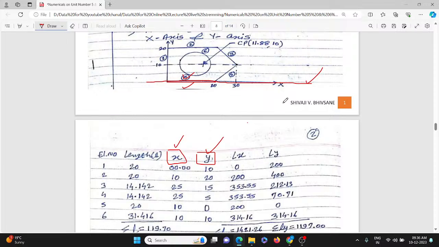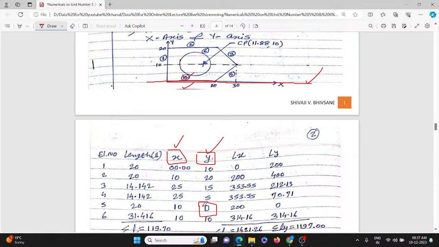Element number 5 is lying on the x-axis, and the centroid lies on that x-axis itself. How much is it? It is 0, because it is lying on the x-axis. That is y.